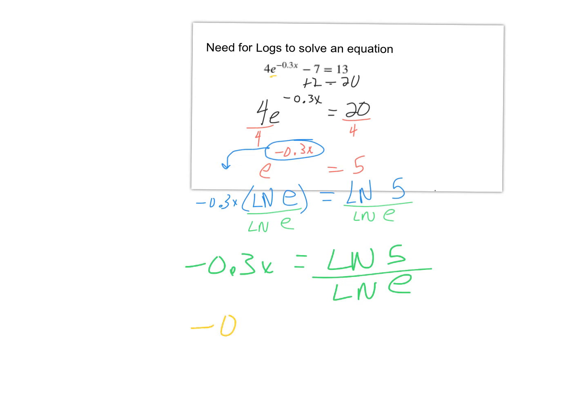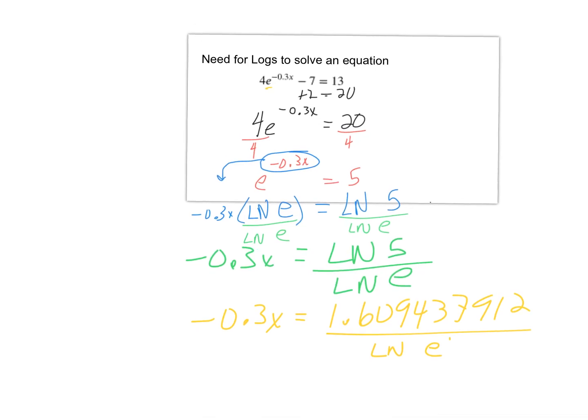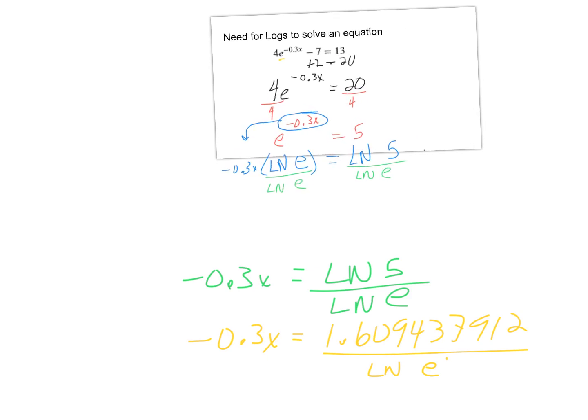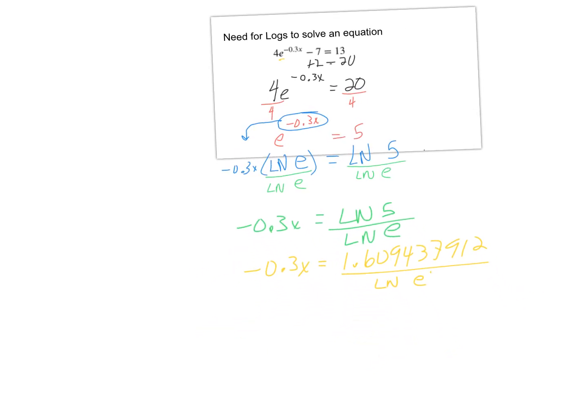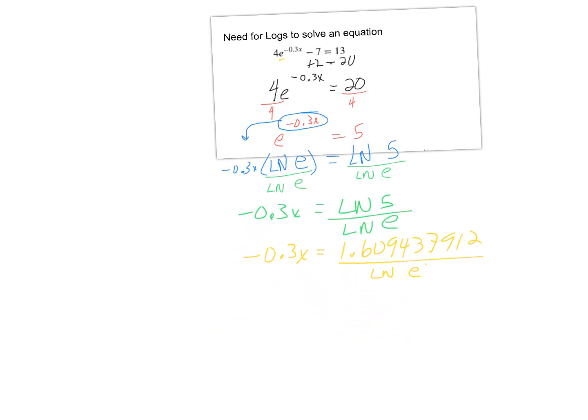So negative 0.3x is equal to, so we're going to do the natural log of 5. Now that I have my calculator back, natural log of 5, I get 1.609437912 divided by the natural log of e to the first. Okay.